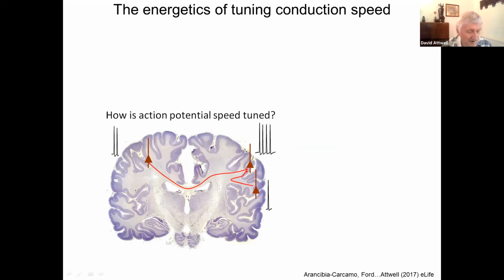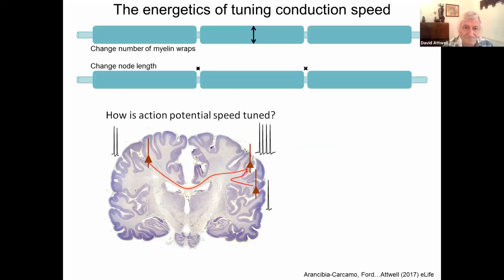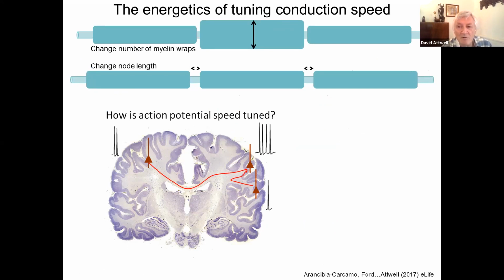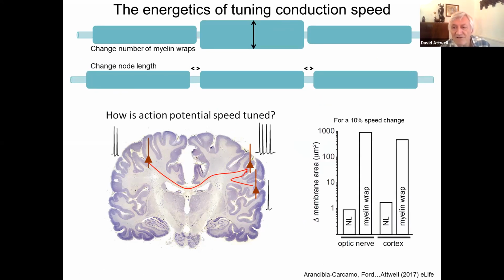Now, let's just think briefly about the energetics of tuning conduction speed. I've suggested you could change the number of myelin wraps, or you could change the node length. And it turns out that changing node length is an energetically cool way to do this, because if you work out the amount of membrane you need to add 1 wrap of myelin to a typical corpus callosum axon, that gives you about a 10% speed change.